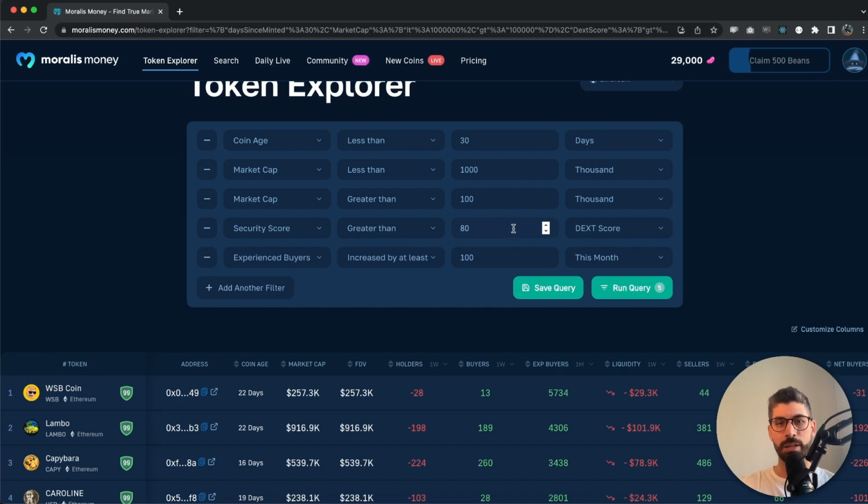The security score is checking the smart contract, the social platforms, the amount of transactions, both buy and sell, and the amount of holders, and so much more to grade this project as well as possible. Everything is relative, so make sure you do your own research. And then lastly, we have experienced buyers increased by at least 100 this month.